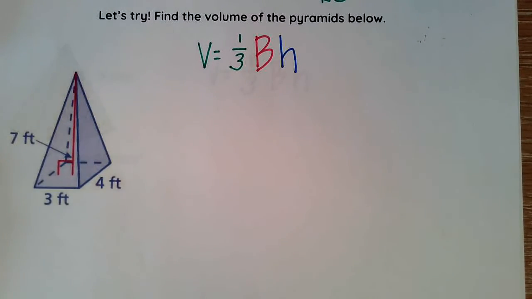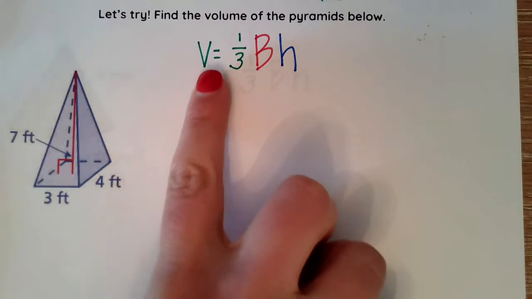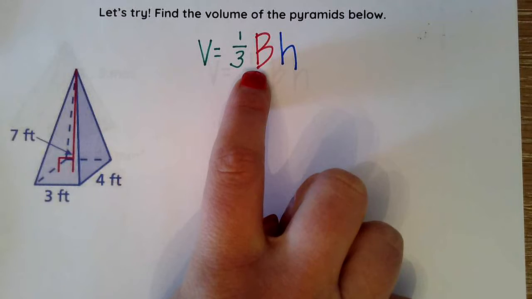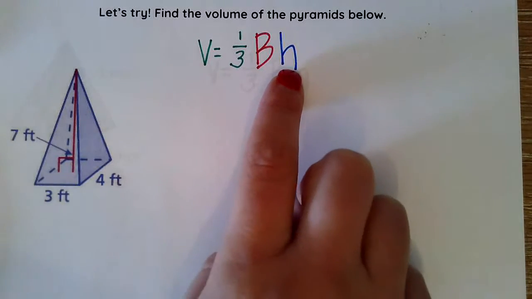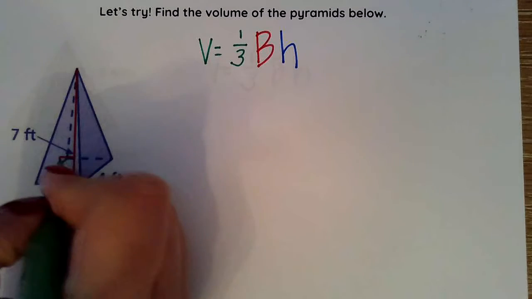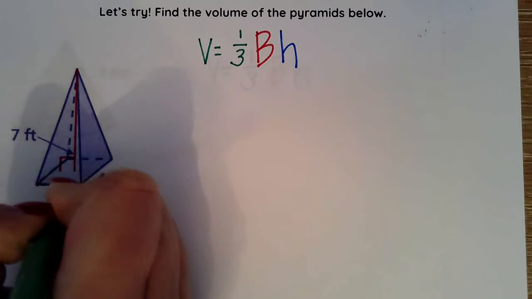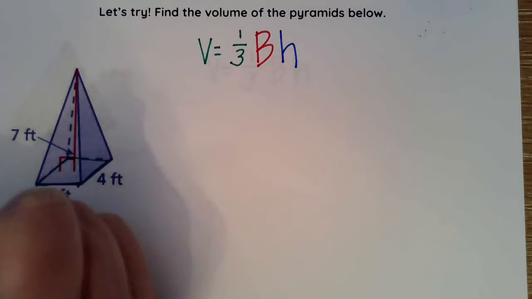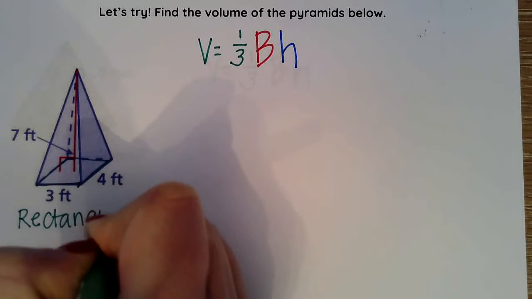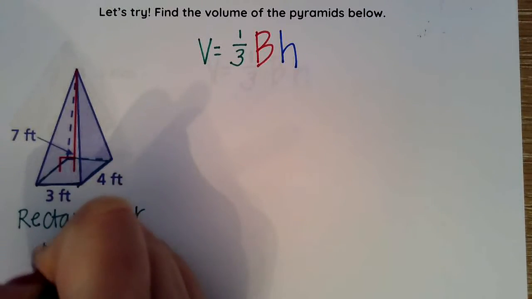We've got our first pyramid here. We go ahead and write down our formula. Volume equals 1/3 times the area of base times height. Here I see that I do have that rectangle figure down here, making this a rectangular pyramid.